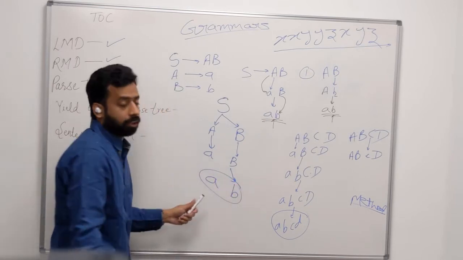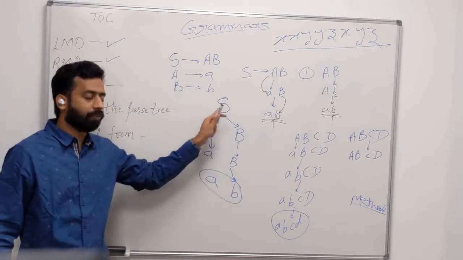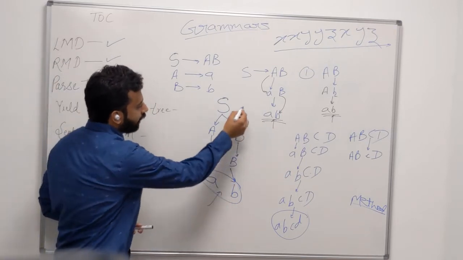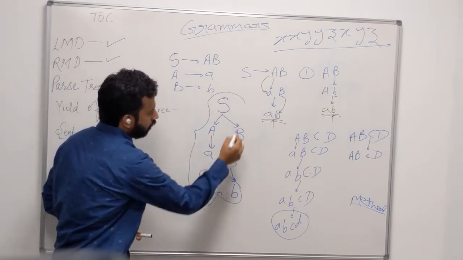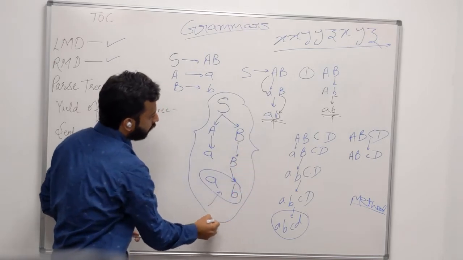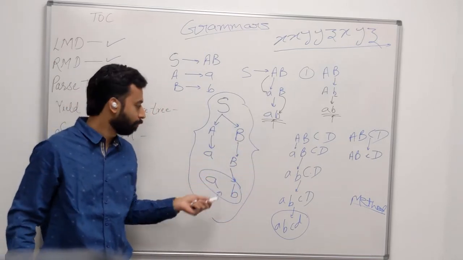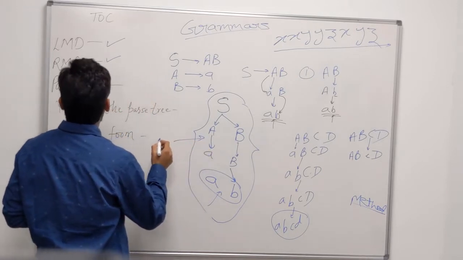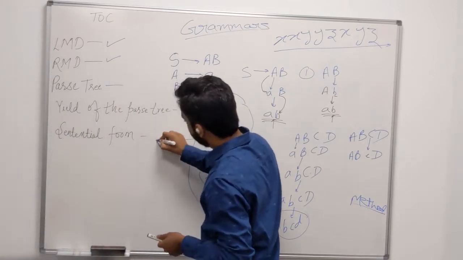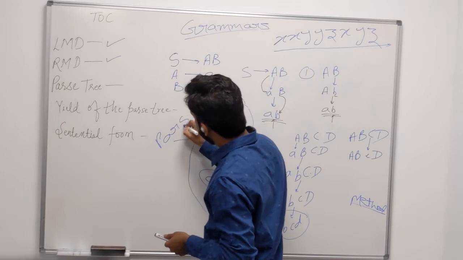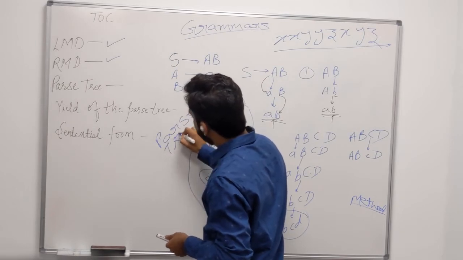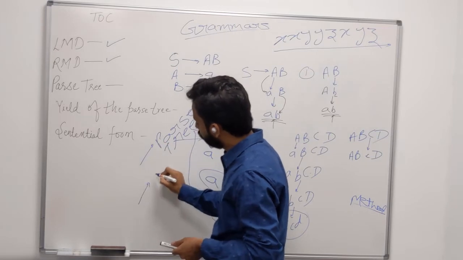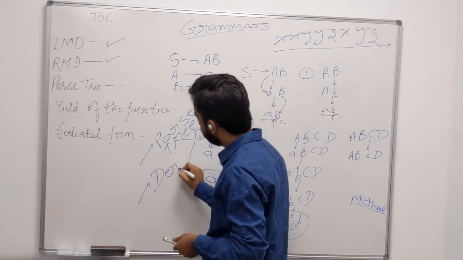So the same string AB I am deriving from my starting symbol. This representation, as you can see, is in tree form or tree shape. So this is actually known as a parse tree. Alternatively, you can also call it a derivation tree.